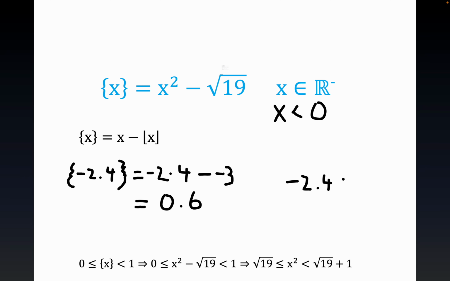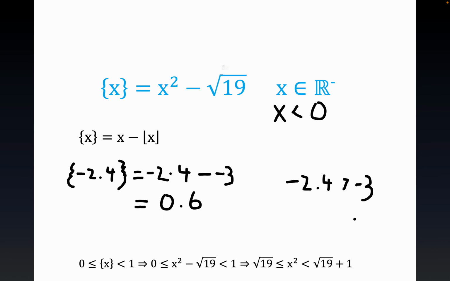Just the way the negative numbers behave compared to the positive numbers is what caused my original confusion on this minus 3. It's because you're moving in the other direction. Normally it would be less if these were both positive numbers, but on the real number line, minus 2.4 is greater than minus 3, right?